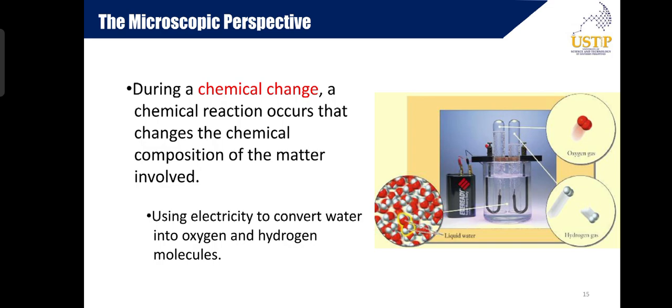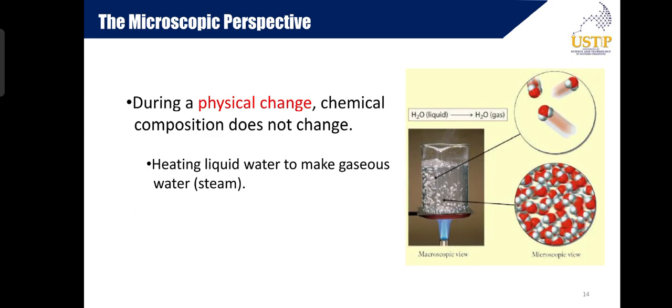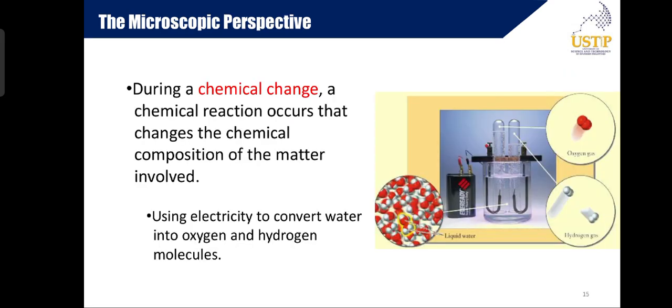So it changes form from H2O into oxygen gas and hydrogen gas. You can differentiate the changes since in a physical change, they are still the same elements: H2O liquid to H2O gas. But in a chemical change, H2O separates. It becomes hydrogen and oxygen, and after converting them into molecules, they don't go back to the original H2O liquid.